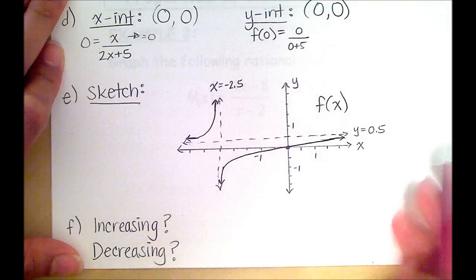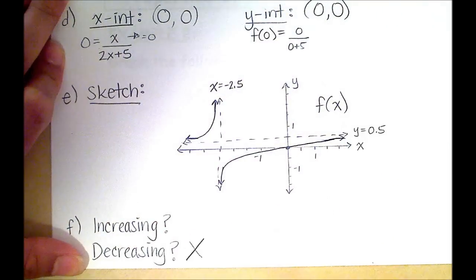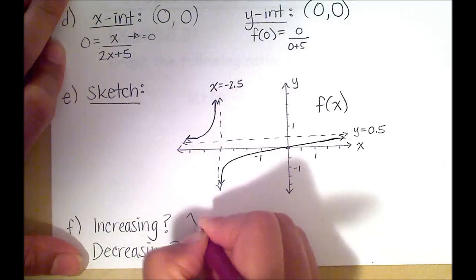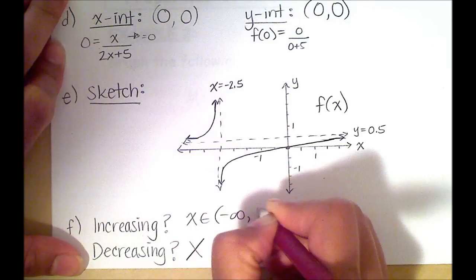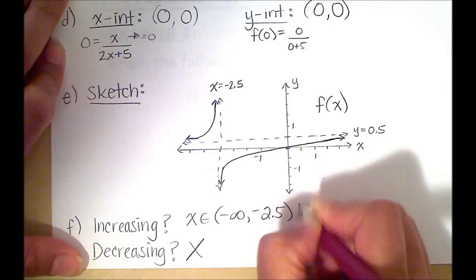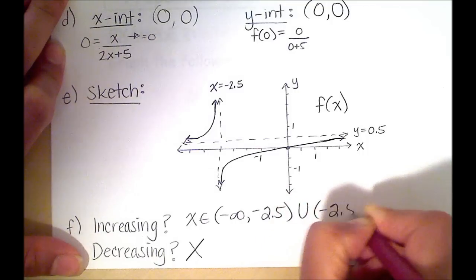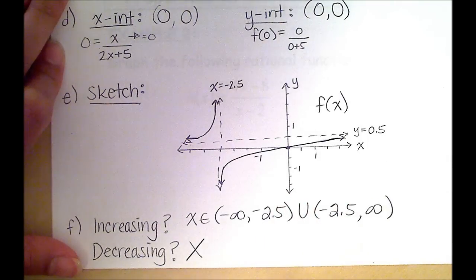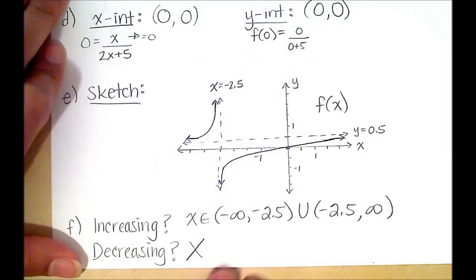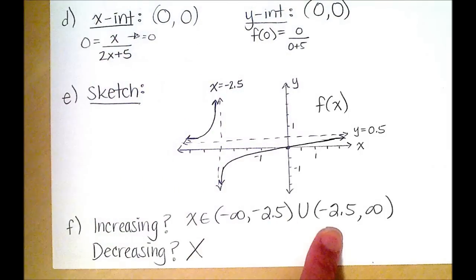So there are no intervals where the function is decreasing, and the function is increasing from negative infinity till negative 2.5, and from negative 2.5 to positive infinity. At exactly negative 2.5, the function doesn't actually exist. So that's the end of your first segment and then the start of your second segment.